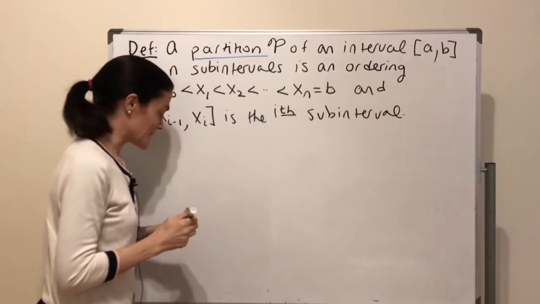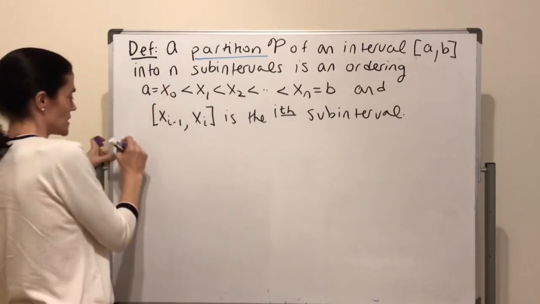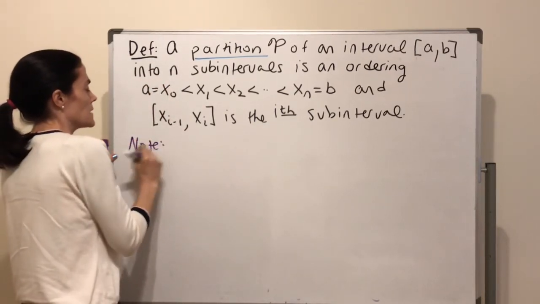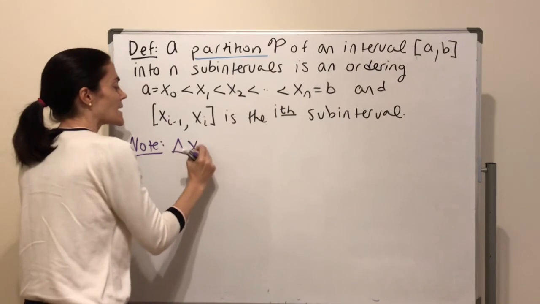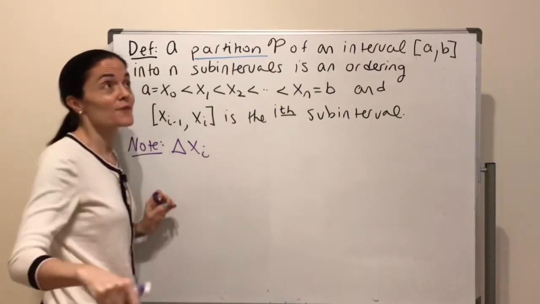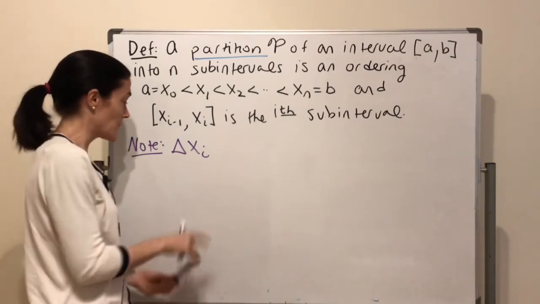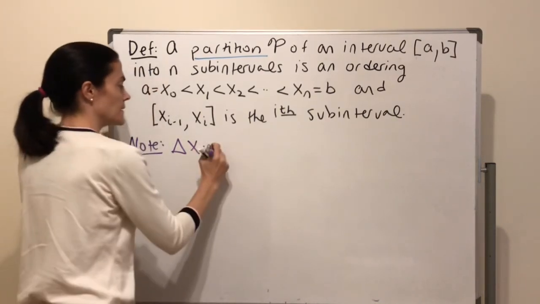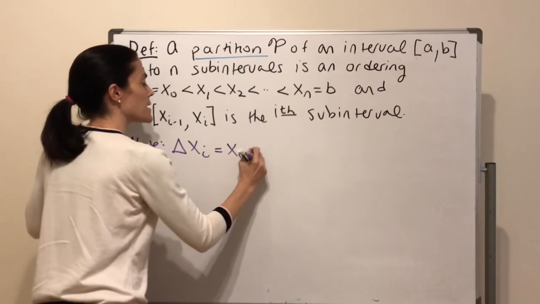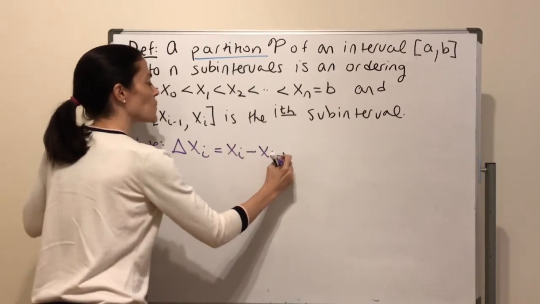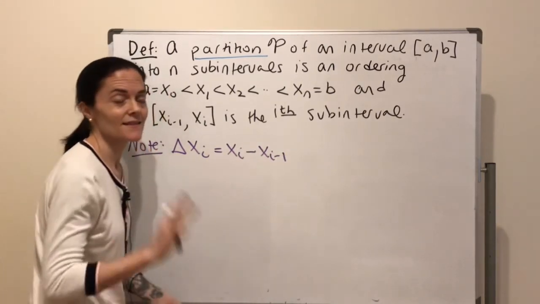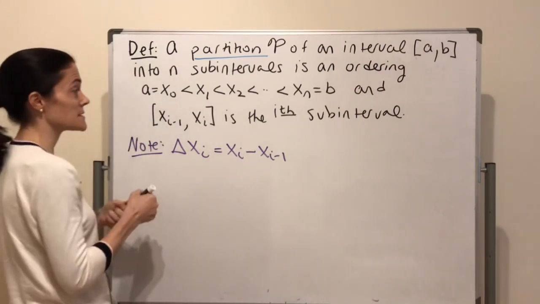When we do this, maybe I will change colors for this. Delta xi, okay, and this is the delta from the difference that we briefly touched on in the last video. Delta xi is xi minus xi minus 1. This is the length of this subinterval.